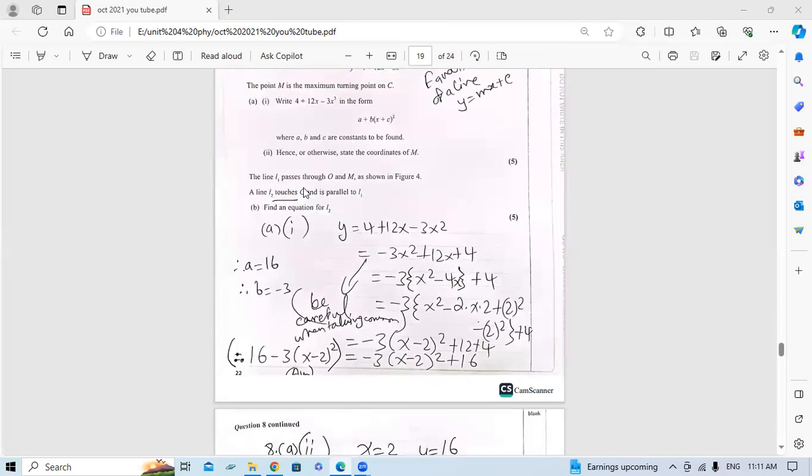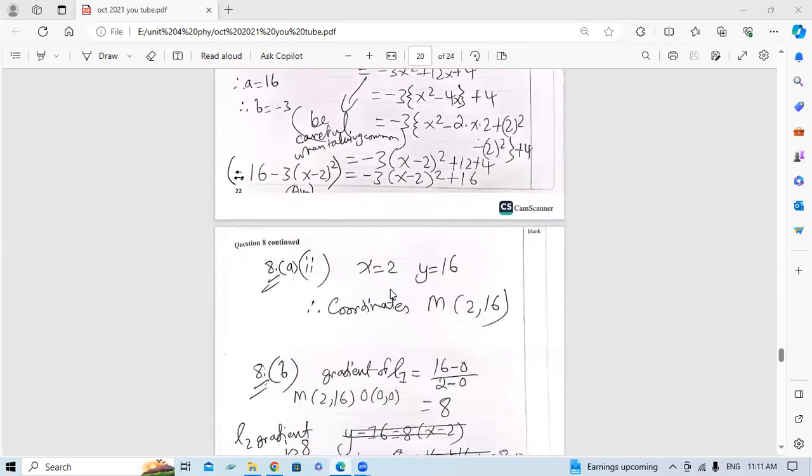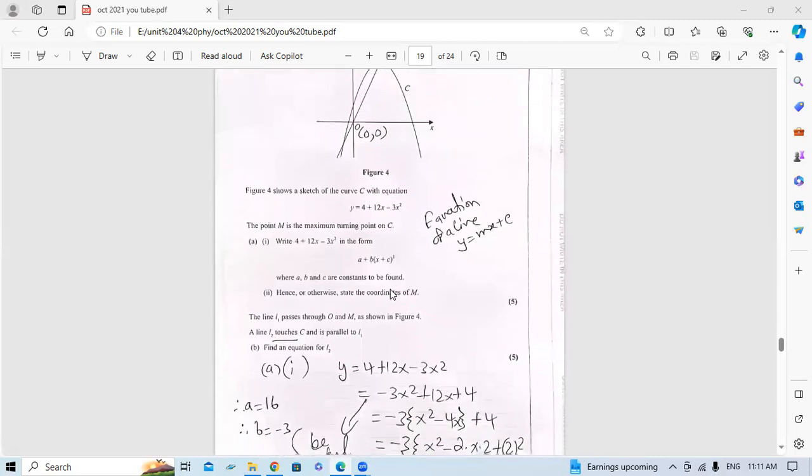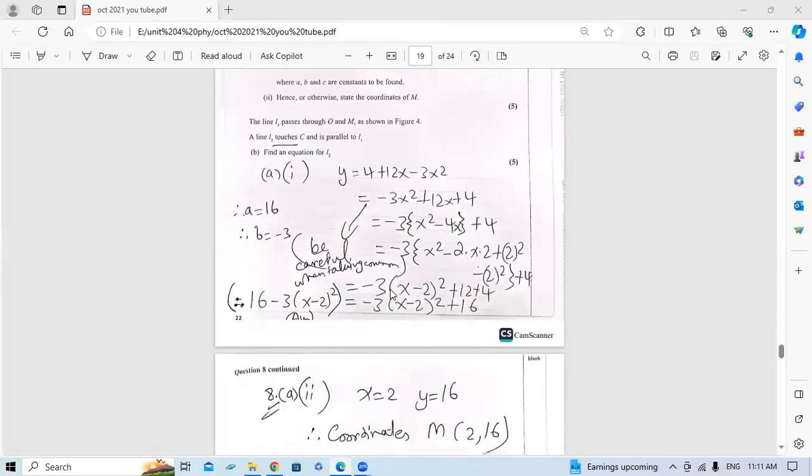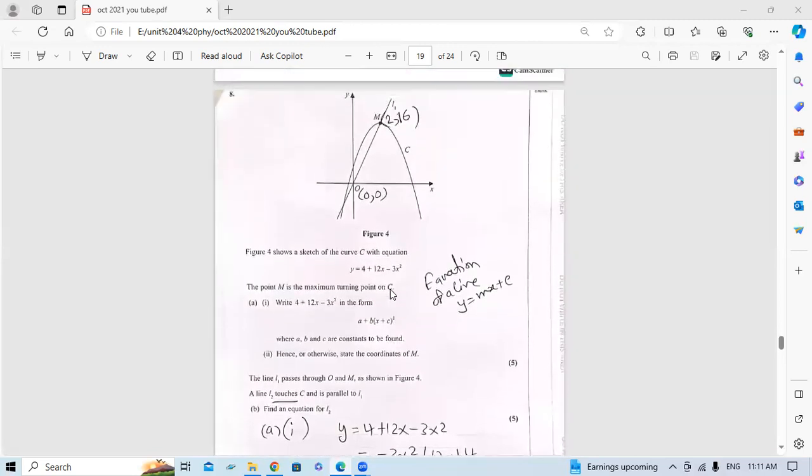In question number 8A2, hence or otherwise state the coordinates of M. At point M, you can see in the graph that point M is the maximum turning point over here.